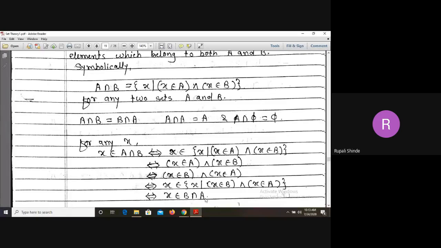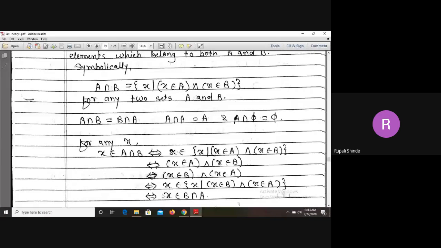X belongs to B intersection A. Now keep this X belongs to as it is and check the curly bracket. What we have written in the curly bracket is: for any element X such that X belongs to B and X belongs to A. This is the definition for B intersection A.